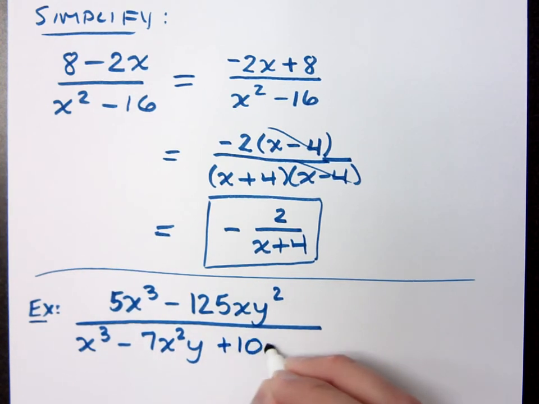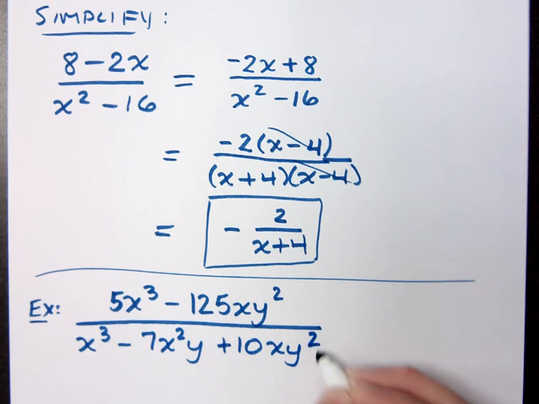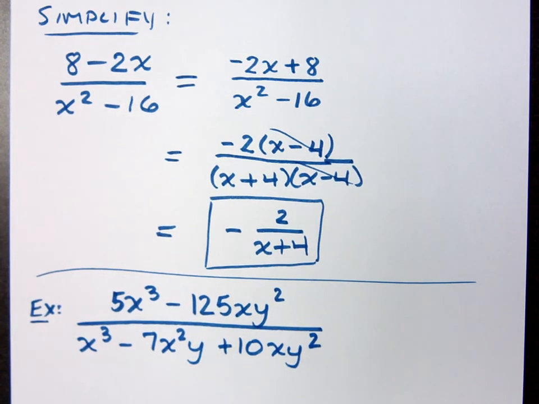All right. Let's see what you guys can do with this problem. What is the first thing that we always try to do when we're factoring? Look for a common factor. Do I have anything like that here?